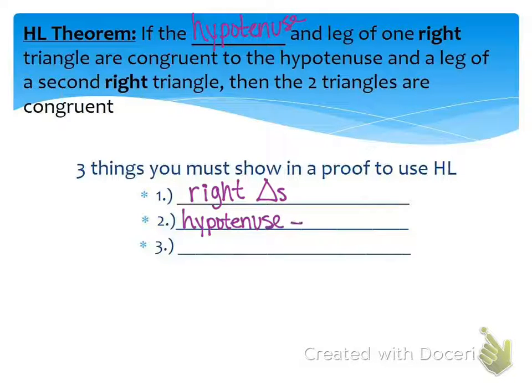There's only one hypotenuse in any right triangle, so you just need each hypotenuse congruent from one triangle to the next. Last, we need, what else did they say other than hypotenuse? Legs. So we need one pair of legs congruent.